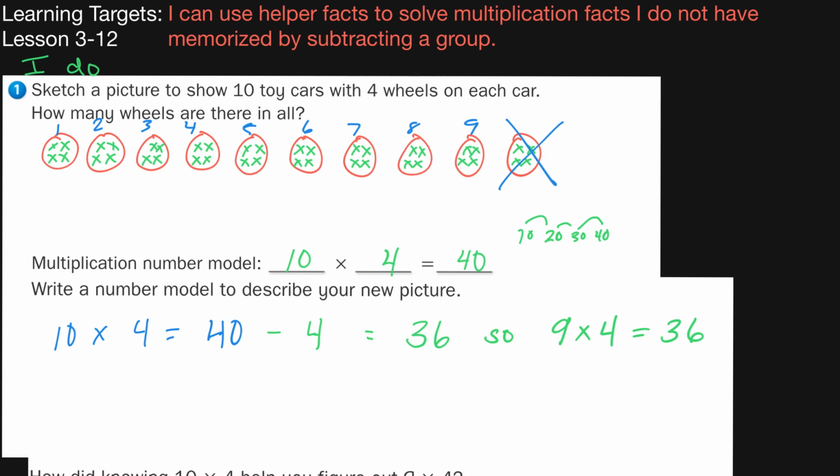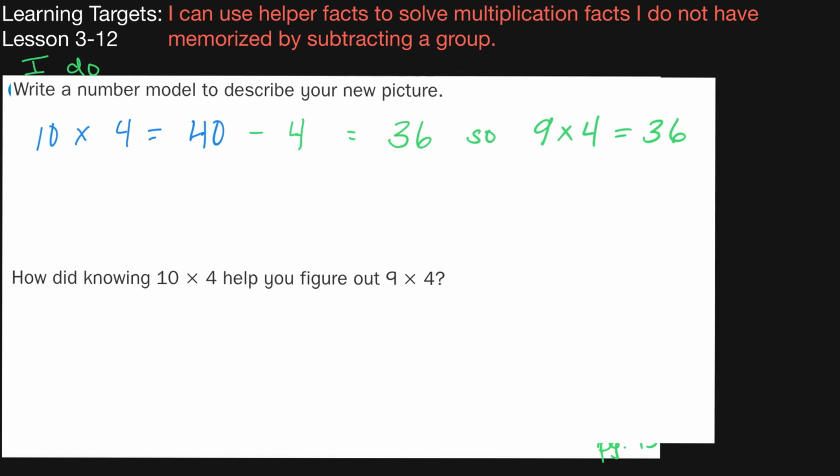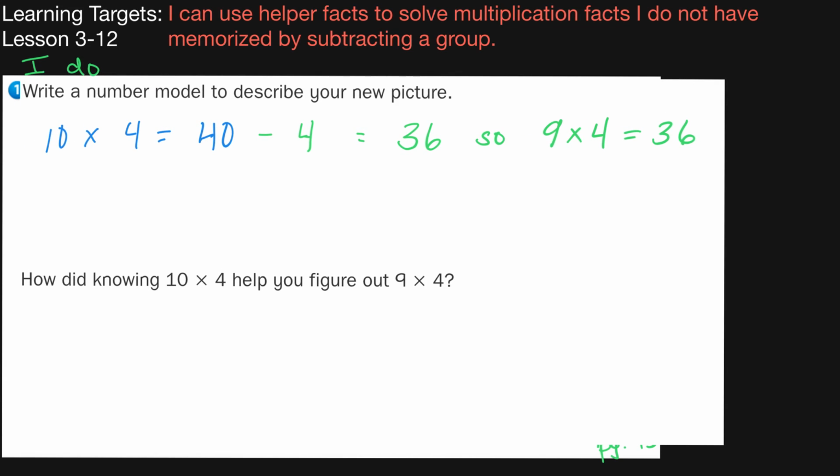What I just did there also gets into this last part here of how did knowing 10 times 4 help you figure out 9 times 4. And what I'm thinking as I'm solving this problem is that I know 10 groups of 4, or 10 times 4. It's going to look very similar. It might even be exactly the same. 10 times 4 equals 40.